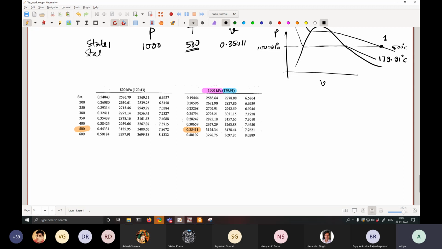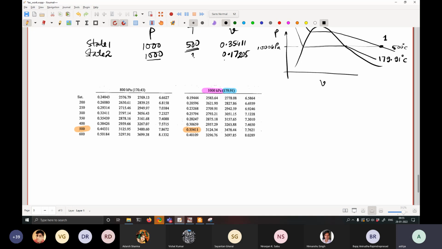State 2 is at same pressure. Temperature is not known and the volume is half. So this is 0.17205. Okay. So now we are faced with a condition where the pressure is 1000 kilopascal.